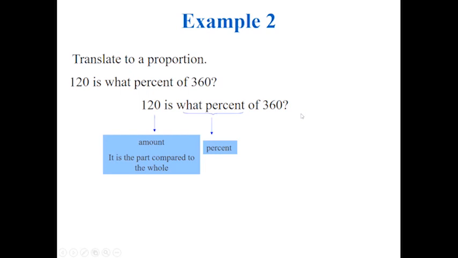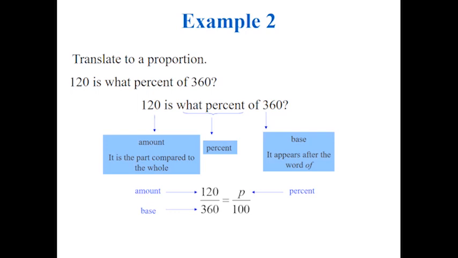The percent is unknown here. Like I said, 360 is the base because it comes after the word of. Amount over base equals percent over 100.